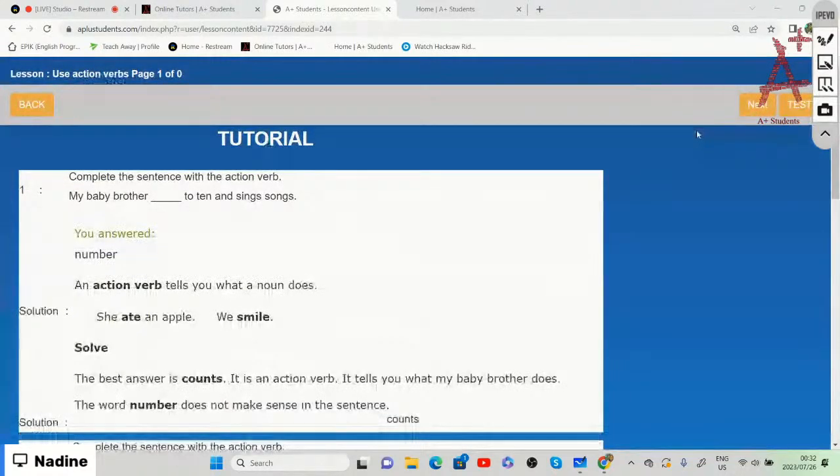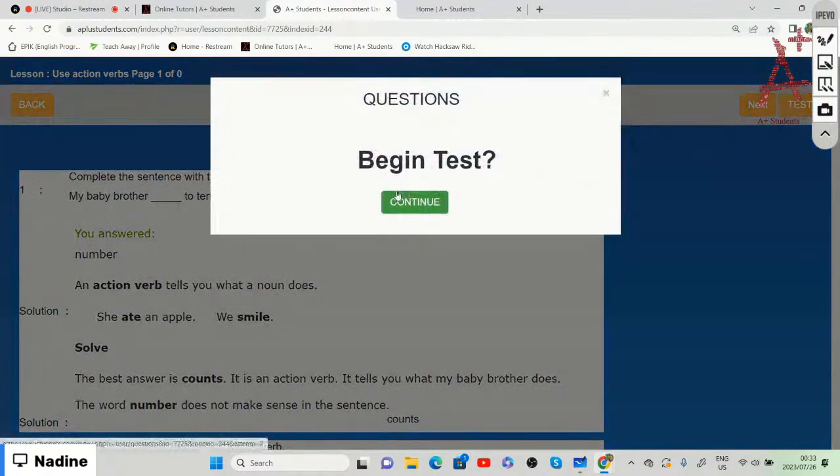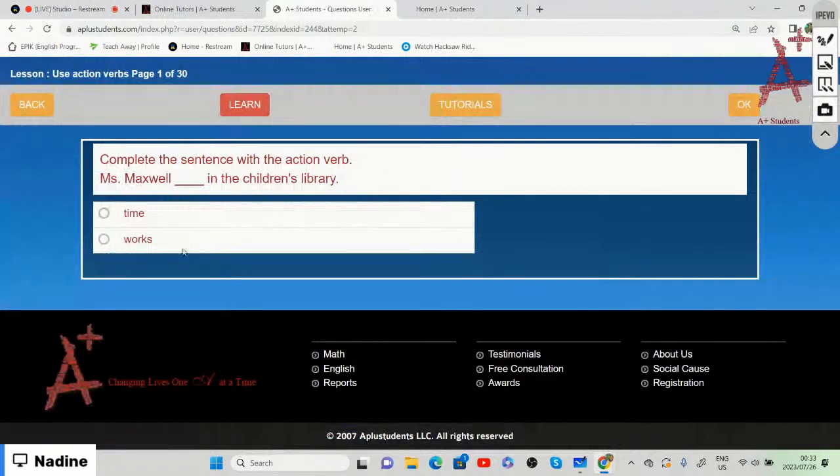All right, so once again, an action verb tells you what a noun does, right? And remember, it is the action. It is identifying basically the verb, but more of an action verb within that sentence. So now we're going to our test to see if we can use action verbs. Complete the sentence with the action verb. Miss Maxwell... time in the children's library, or Miss Maxwell works in the children's library.